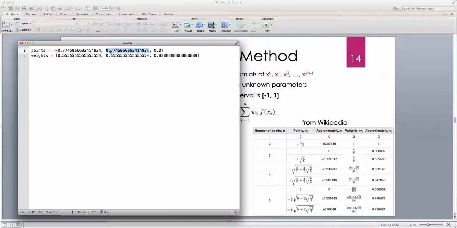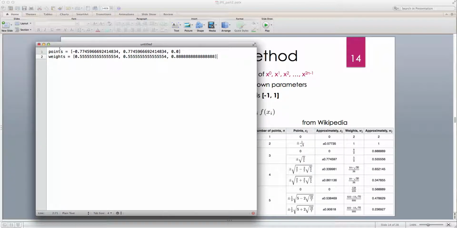The most accurate one is 0.77459666. All right, and then its corresponding weight is 0.55555. So here 0.55555, which is 5/9. So that's the corresponding weight, which is accurate.